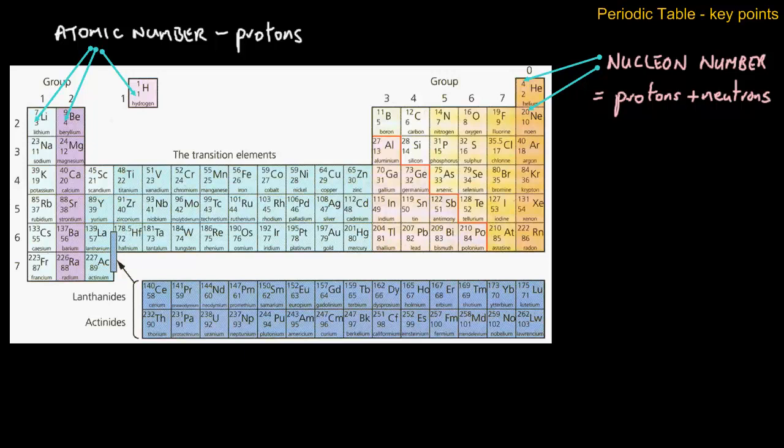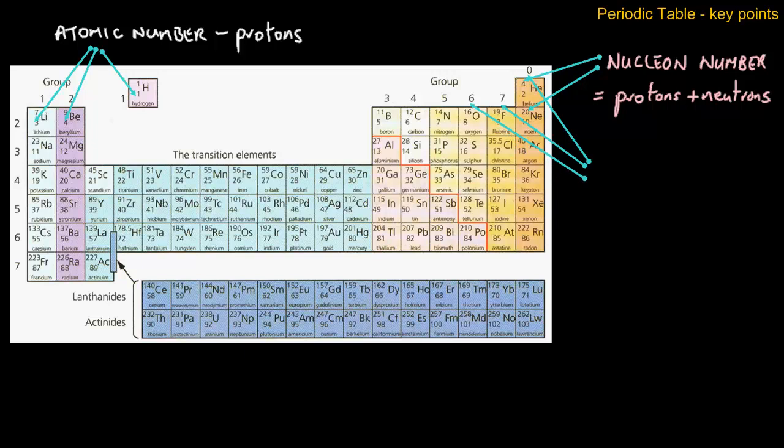The other main structure of the periodic table are the groups, and it starts off here with group 0, and then we have group 7, 6, and so on.